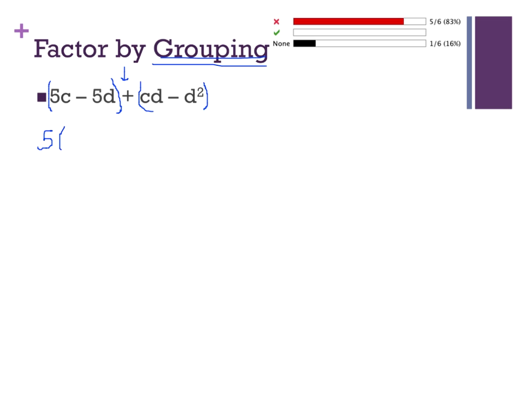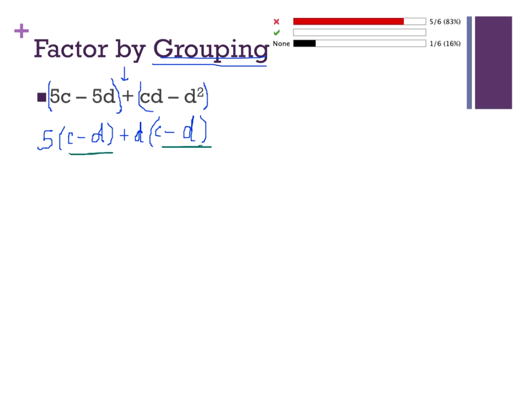I'm now going to factor out the greatest common factor from the first set of terms. And I'm going to factor out the greatest common factor from the second set of terms, which is d, leaving me c minus d again. Okay? Now that I've done that, something to notice is that the c minus d is the same factor in both cases.